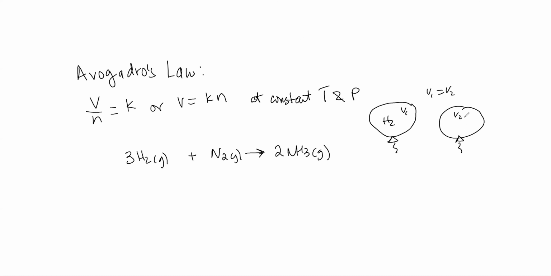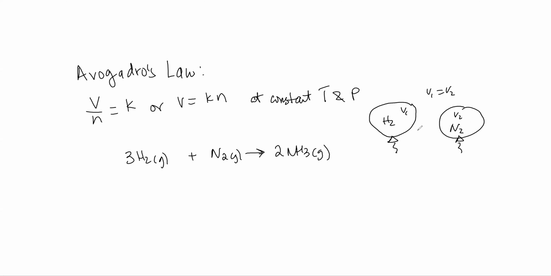What this law implies, guys, is that as long as the volumes are equivalent, the same, you have the exact same number of hydrogen gas molecules occupying this balloon as nitrogen gas molecules occupying this balloon. So this balloon and this balloon will have the same number of molecules of each gas.